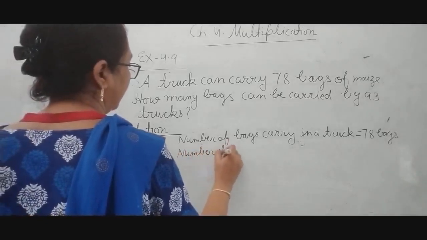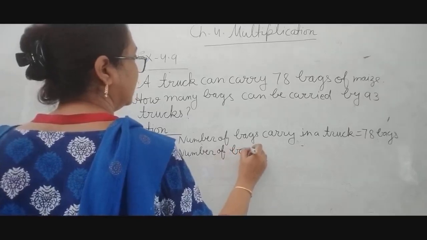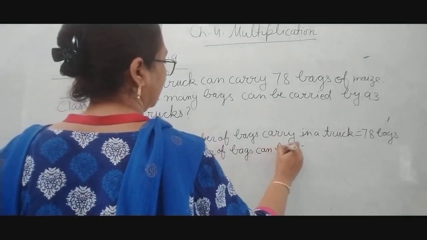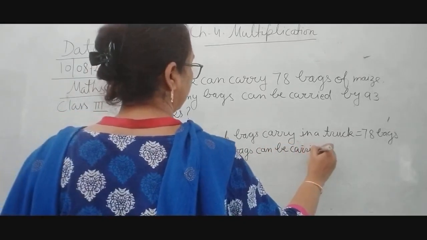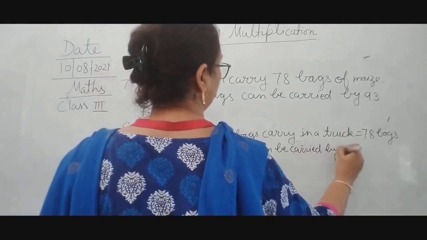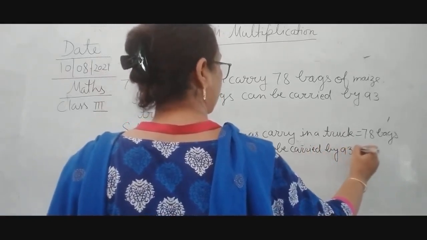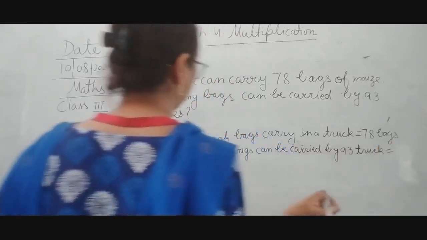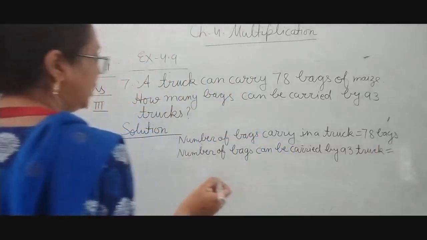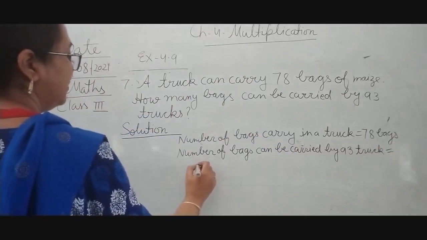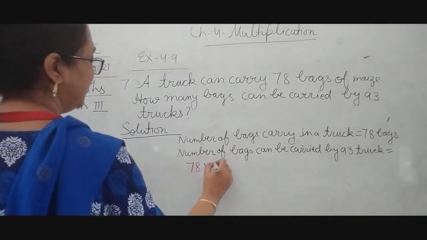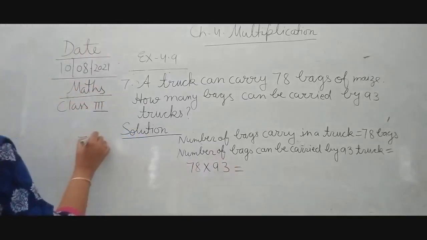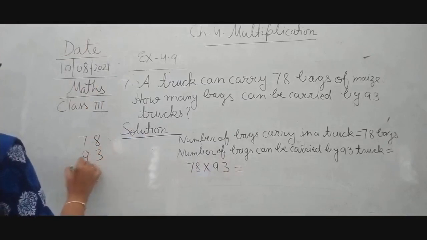Number of bags can be carried by 93 trucks equal to, now here we are going to multiply 78 multiply by 93. Okay, so here 78 multiply by 93 children.